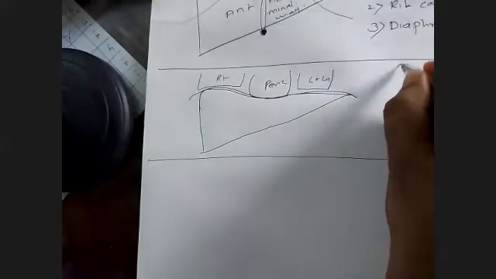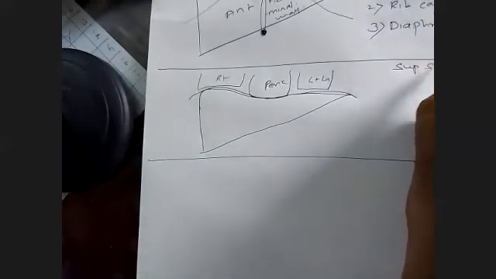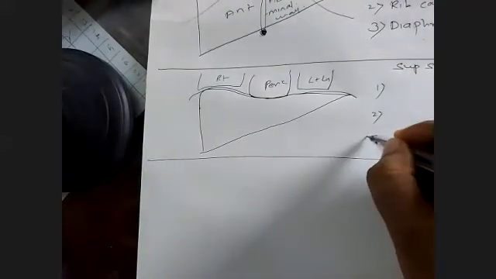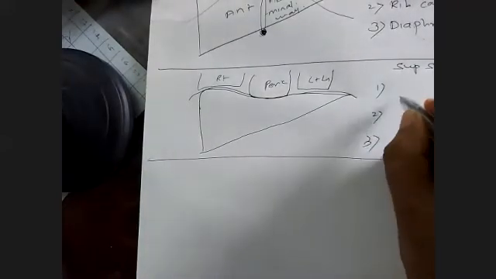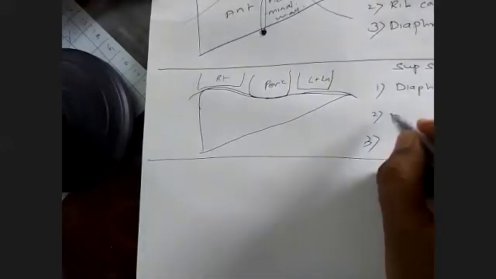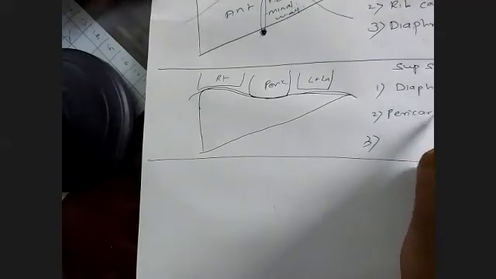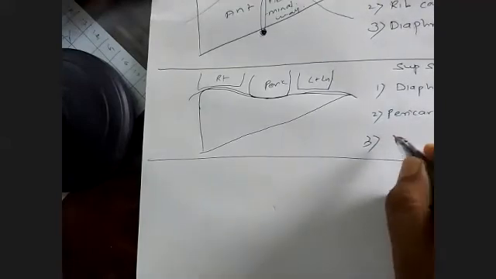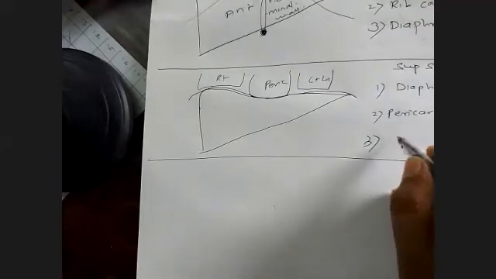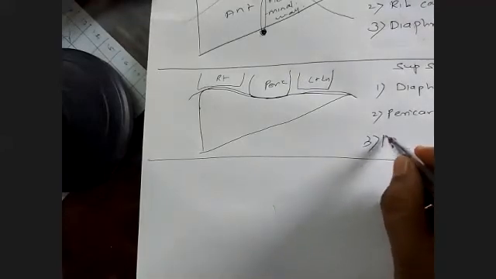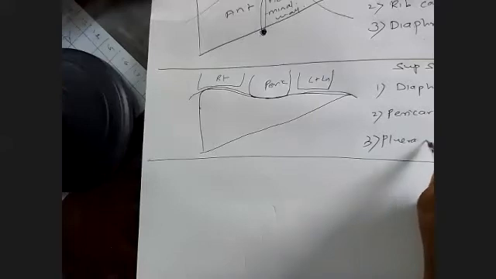So superior surface of the liver is also related to 1, 2, and 3. So 1 is diaphragm, 2 is pericardium and heart, and 3 is pleura and the lungs.